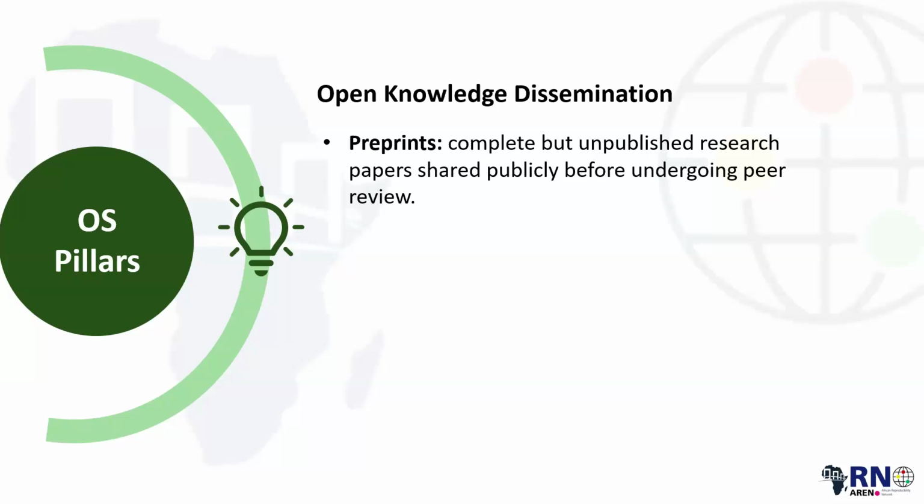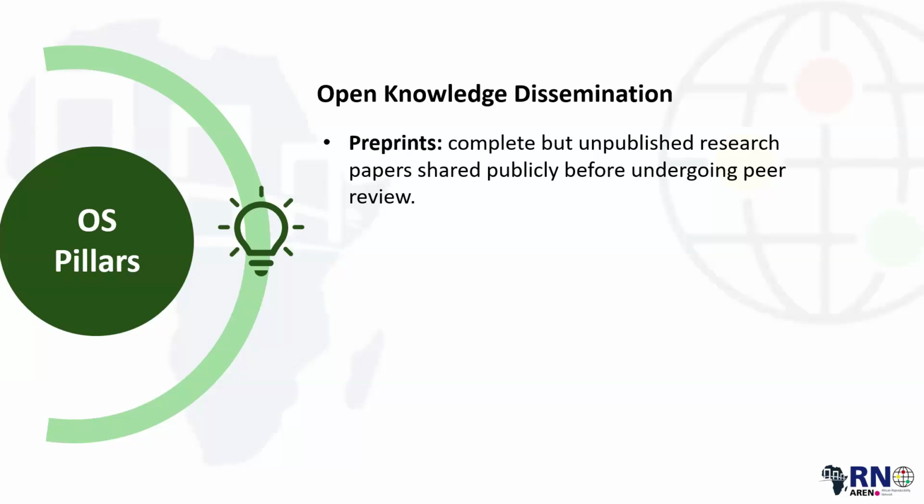But the idea is that you could post your finalized manuscript on these preprint servers, and it will be instantly accessible to everyone without them having to pay one dime. So this is one of the tools of open science. And one important thing is that now almost all the major publishers embrace preprints.